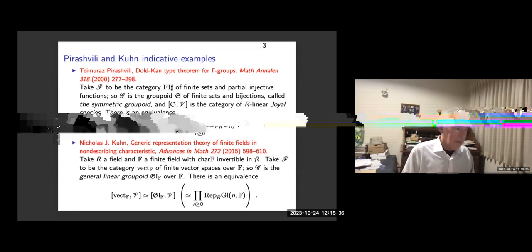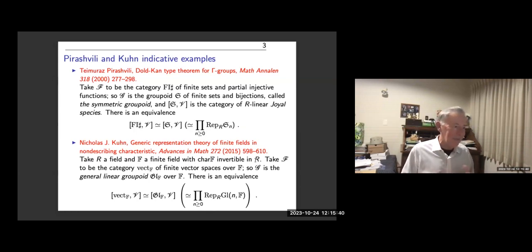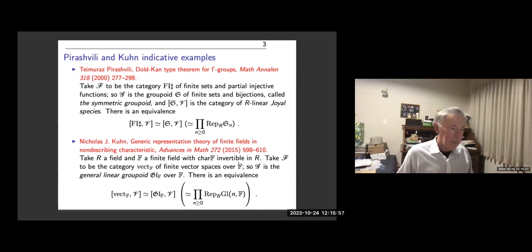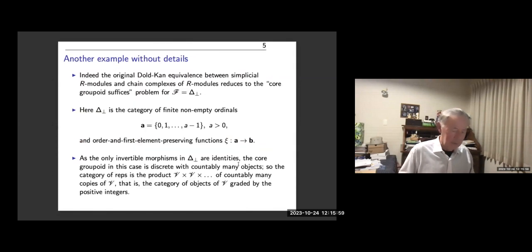You've got the thing I'm asking about. You take the category of vector spaces and all linear maps over that finite field, and it has the same representations as just the groupoid inside it, which was a surprise to me. And so that's the kind of result I'm trying to get a kind of theory for.